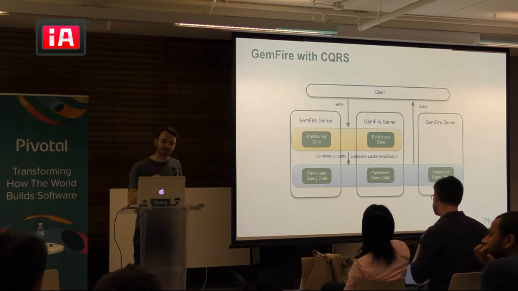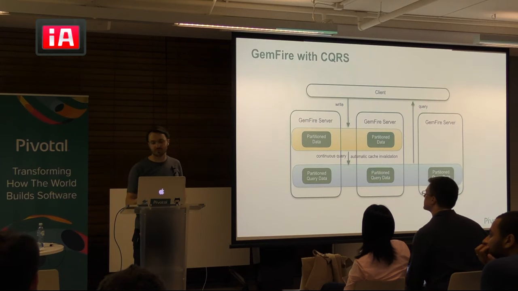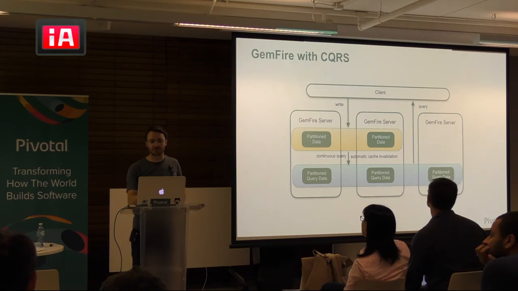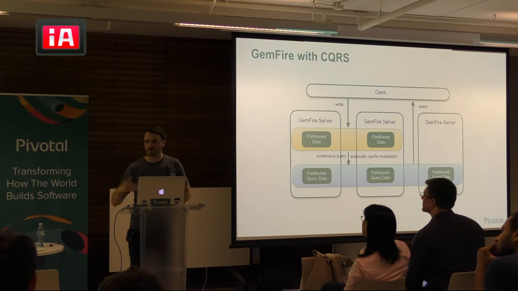You would write to the top partition regions. GemFire has a shared-nothing architecture, so you're sort of sharding. A portion of the data is partitioned across different nodes, and that's how you achieve that linear scalability.